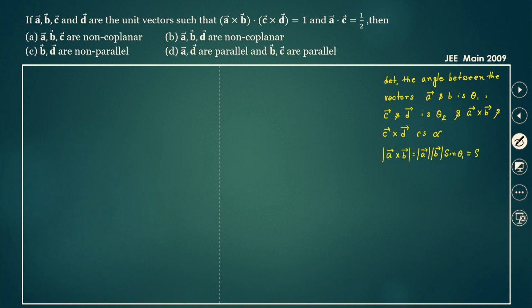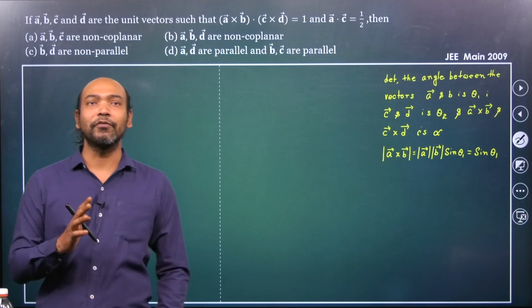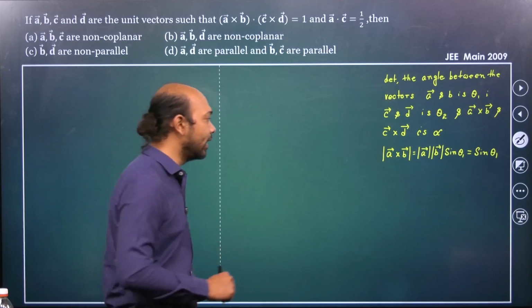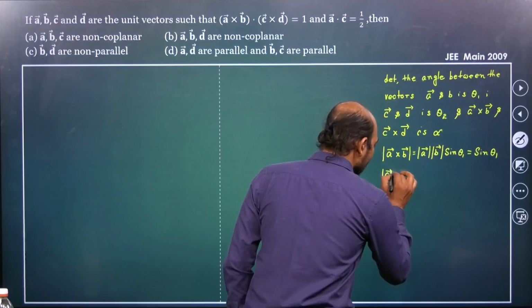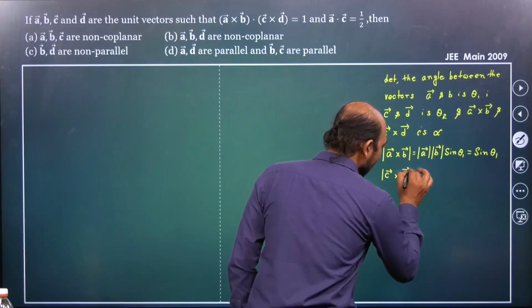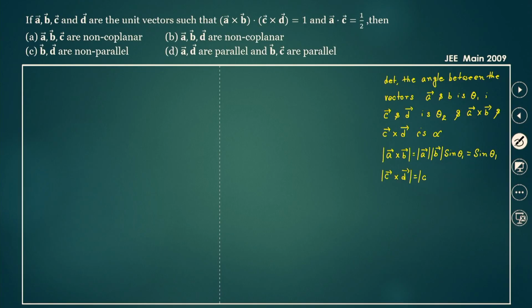As they are unit vectors, mod of A and mod of B are equal to 1, as already given. Similarly, mod of C cross D is equal to mod of C, mod of D, sine theta 2, and since mod C and mod D are 1, that gives sine theta 2. Okay, so this is 2.